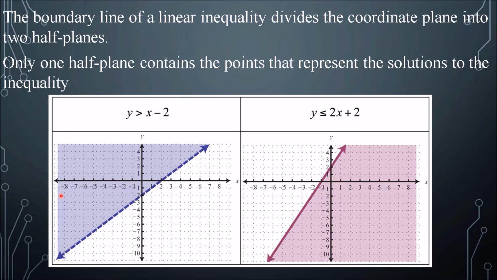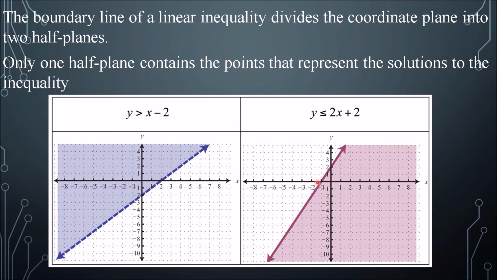Meaning to say, if this is the solution set, then this one is not. Now, this broken line, why is this broken, or dashed? Because this greater than has no equality sign. It is only greater than.